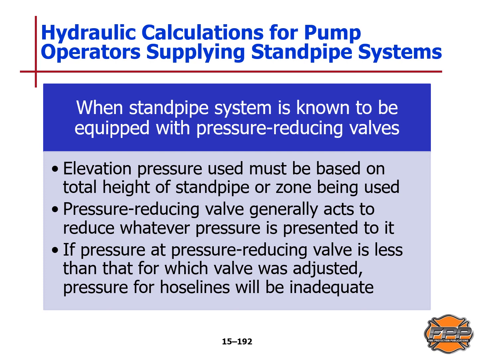When a standpipe system is known to be equipped with pressure-reducing valves, the elevation pressure must be based on the total height of the standpipe or the zone being used. The pressure-reducing valve generally acts to reduce whatever pressure is presented to it. If the pressure at the pressure-reducing valve is less than that for which the valve was adjusted, pressure for hose lines will be inadequate.